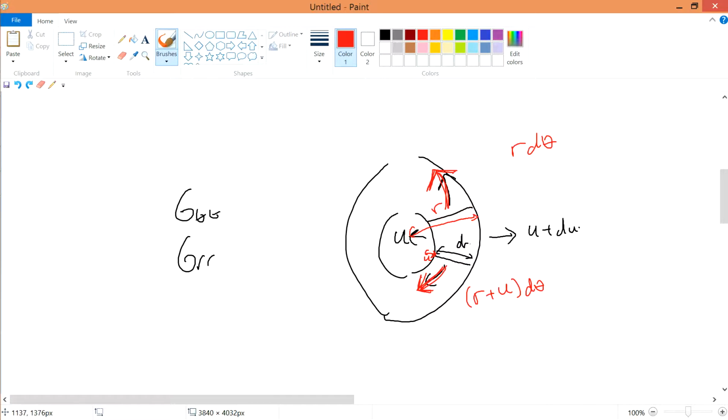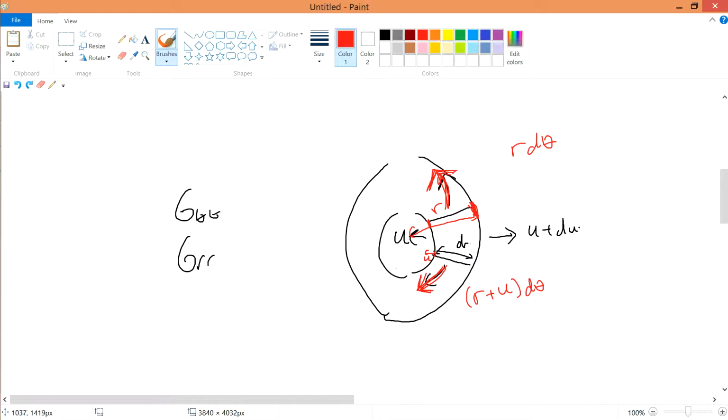Your arc length over here is talking about this length. If you have r plus u over here, you're talking about somewhat extending onto this length. So when you pull onto this side, you're going to have these two strains over here.